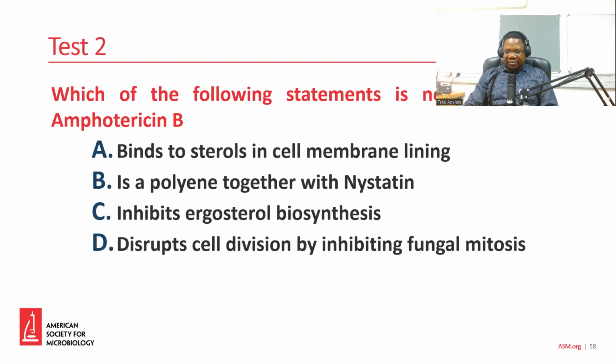A, they bind to sterol in the cell membrane lining. This is true, because we saw that they bind with the sterol. It is a polyene together with nystatin. This is true. It inhibits ergosterol biosynthesis, yes, because it binds to the sterol, which is ergosterol.